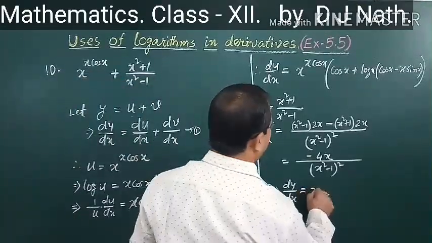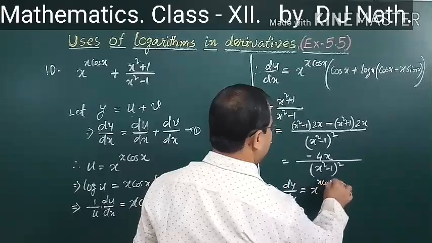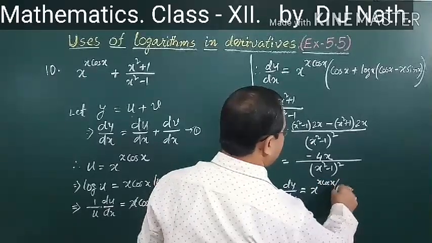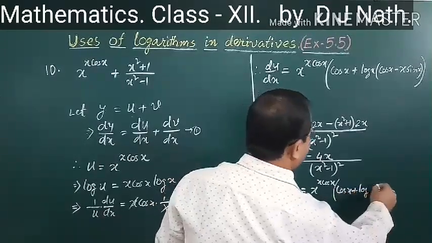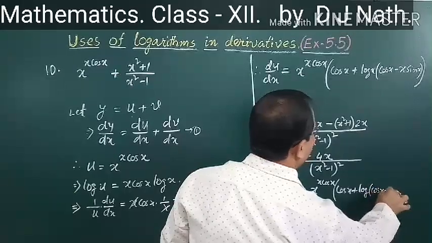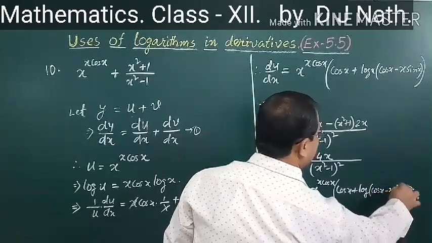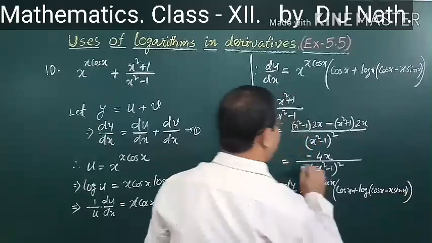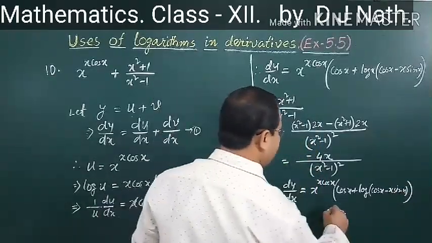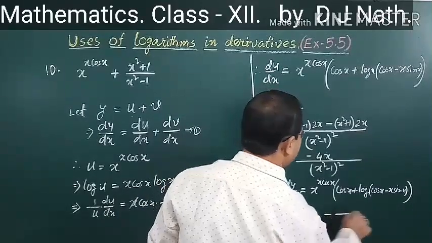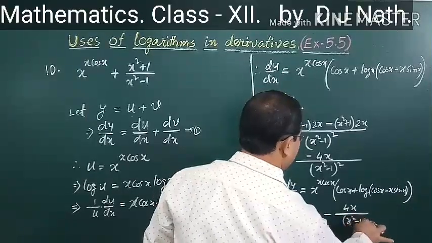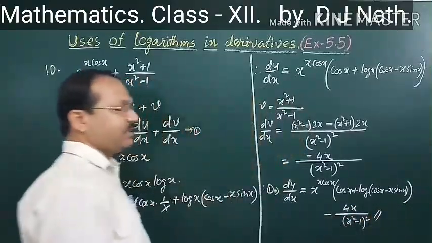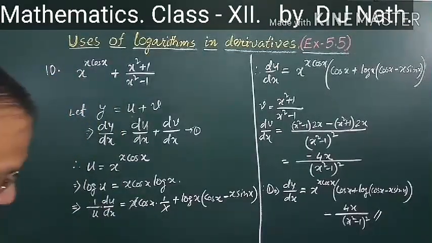So it is x to the power x cos x into (cos x plus log x into (cos x minus x sin x)), plus, here it will become minus 4x by (x square minus 1) whole square. That will be the differentiation. Okay? So like that. Now next we will see question number 11.